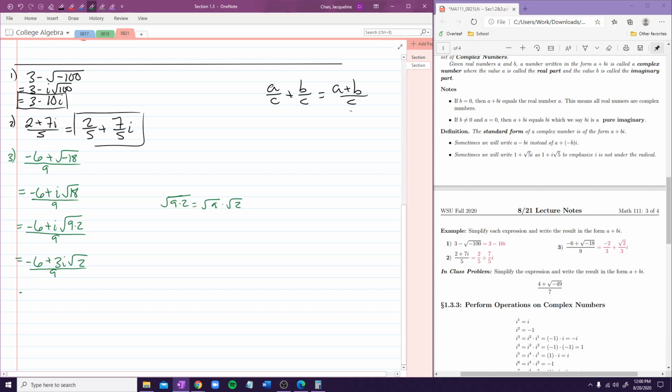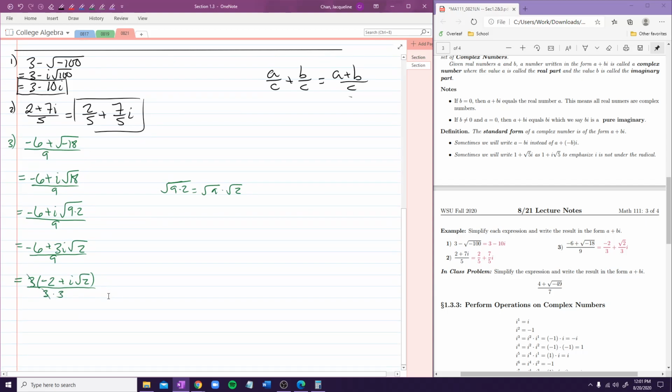I also noticed all three terms have a 3 in common, so first I'm going to take out a 3. When I do that, I get negative 2 plus i times the square root of 2, all over, and then 9 can be rewritten as 3 times 3. These 3's can reduce to 1.